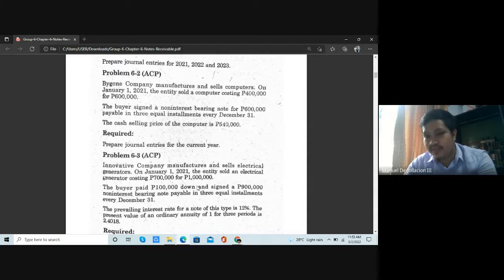We received a payment of 200. There was an installment payment of 200, so there will be a balance of 370. But what else happened? We were to earn additional interest in the amount of 20,000. So if you're asked for the carrying amount of the notes receivable at the end of the second year, class, your answer would be 390,000.